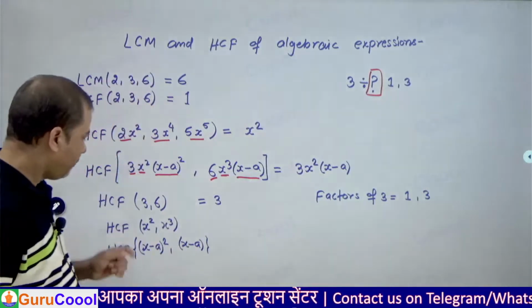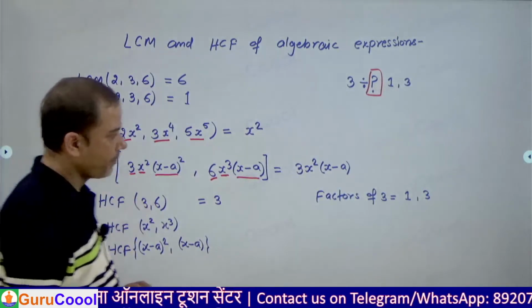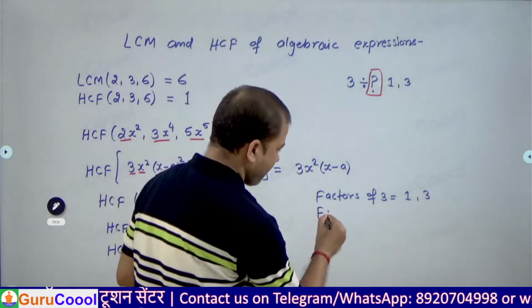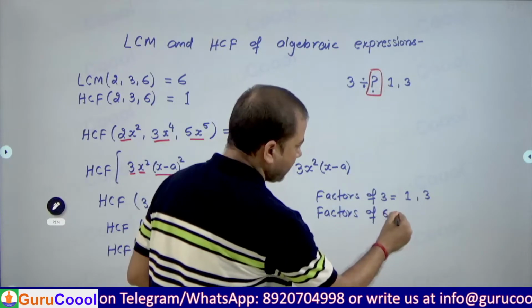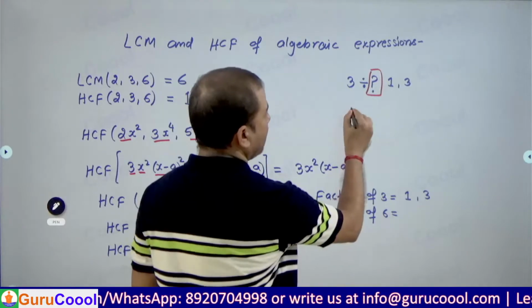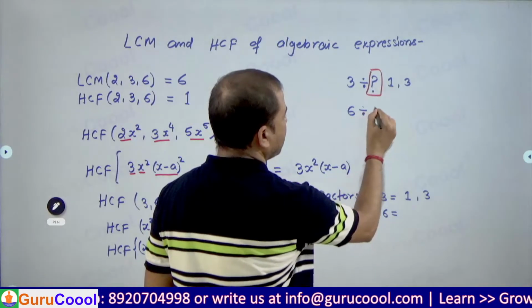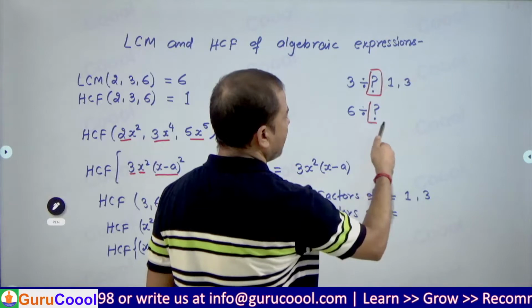Now we talk about factors of 6. The numbers which can divide 6 perfectly are the factors.